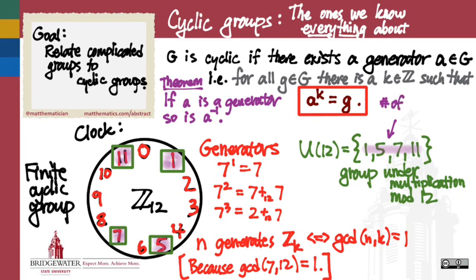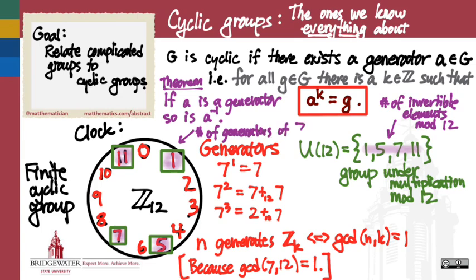So the number of invertible elements mod 12 is the same thing as the number of generators of Z12. Both of those things are a special quantity in number theory.